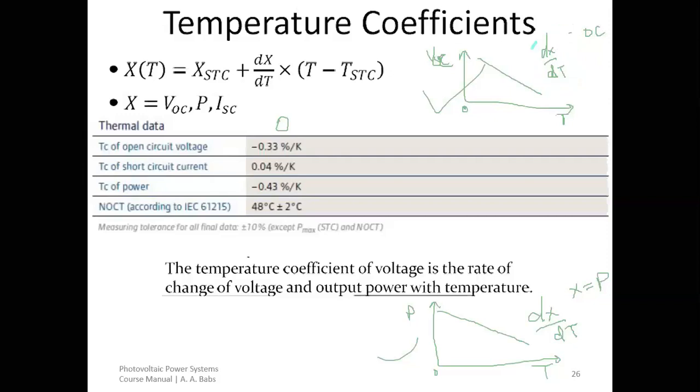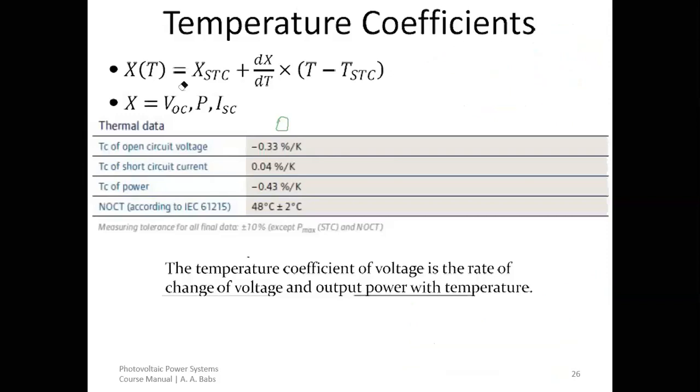Let's take it a step further. What does x of T mean? X of T would mean x here is the power at temperature T. What is the power when we have this particular temperature? In other words, we can estimate the power we would have when we are given a particular temperature. We can find the output power.